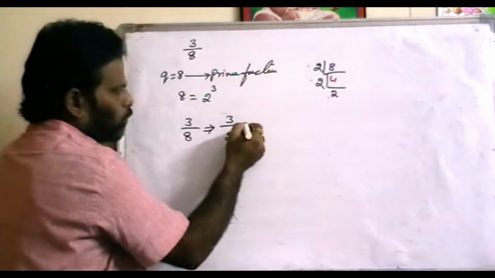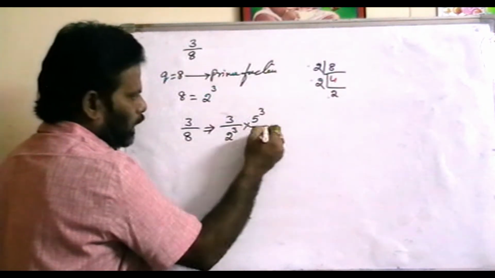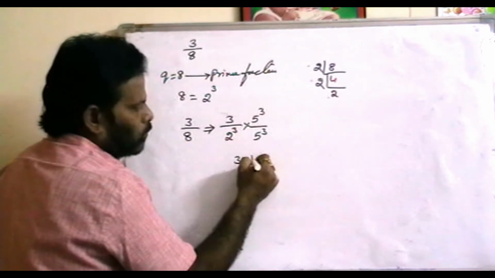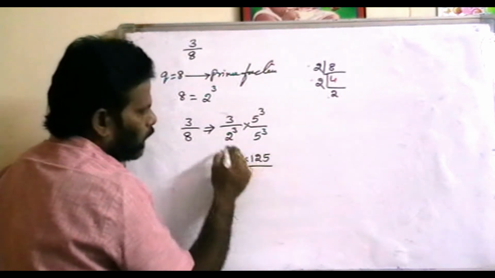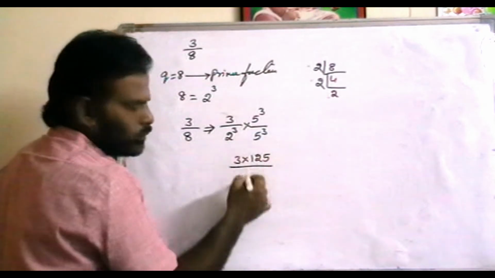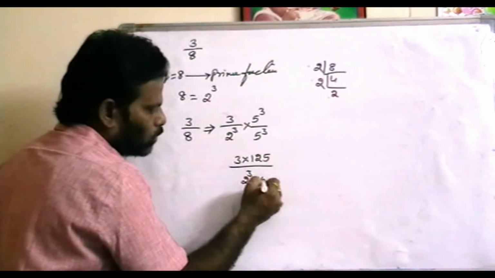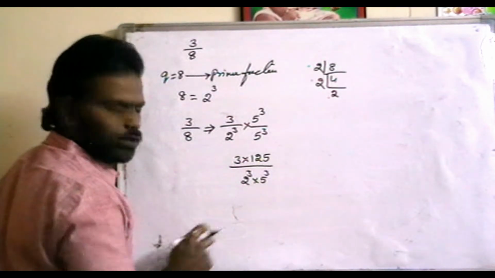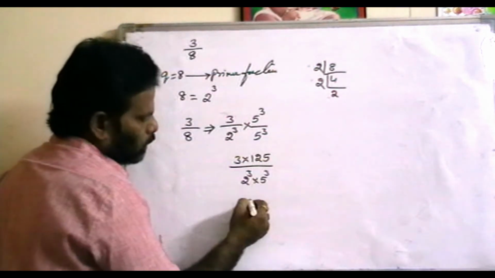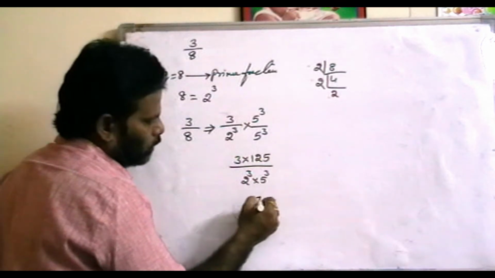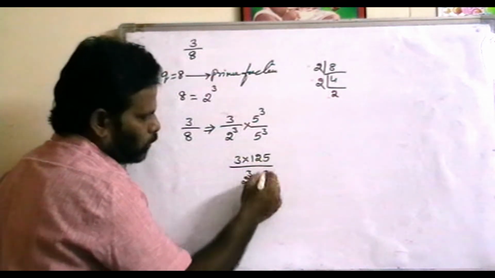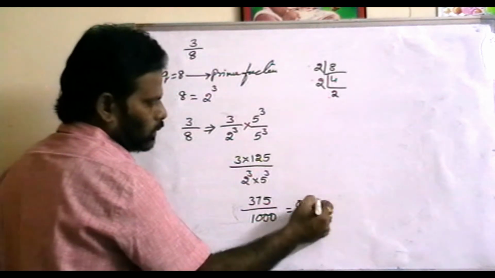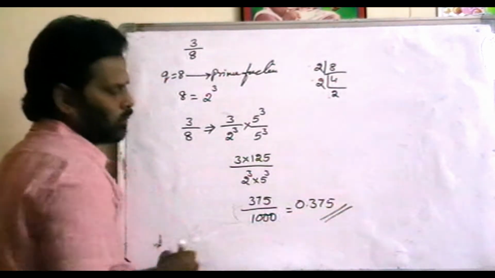If we multiply both numerator and denominator by 5 cube, then 3 into 5 cube is 375, over 2 cube into 5 cube. 2 cube into 5 cube means 10 power 3, that is 1000. So 375 by 1000 is equal to 0.375.